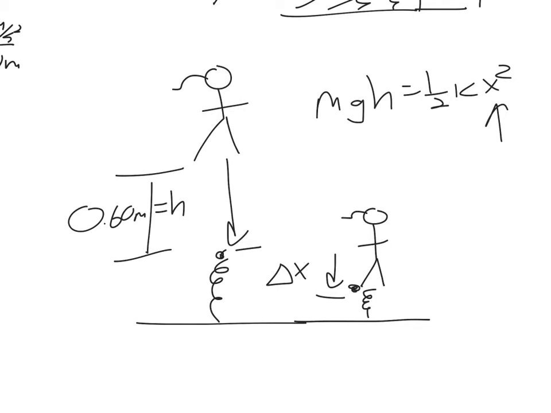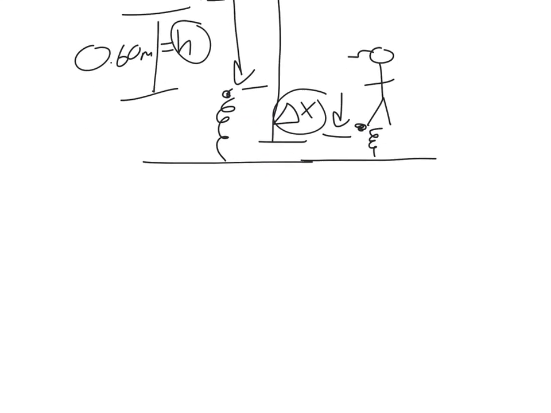How much gravity energy does she lose? She actually loses all this, which is h and x together. So when you do your energy equation, it looks like this. She loses mg, and I'm going to put parentheses h plus x. That's how far she falls.